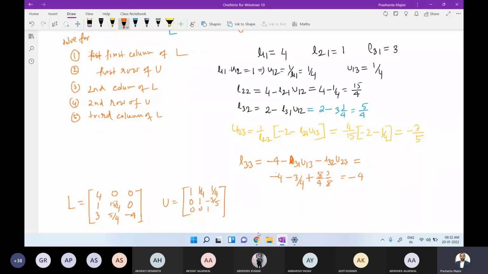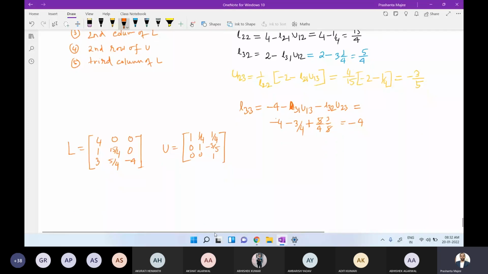Now what is the idea? From the given system we will get two subsystems. One will be an upper triangular system, another a lower triangular system. We can solve the lower triangular system by forward substitution and the upper triangular system by backward substitution. Let me write it down, then I will tell how we can solve.